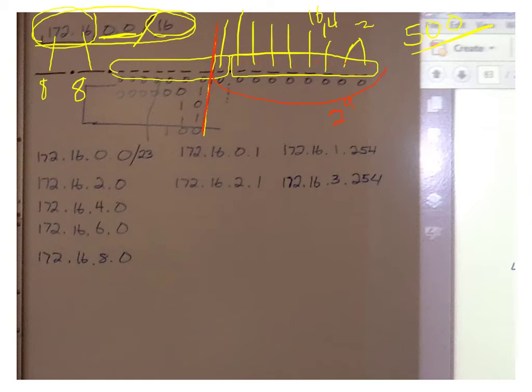So 2 to the 9th should be 512, and then we subtract 2, 1 for the network and 1 for the broadcast. Okay? So you could also do it that way. So that's where we divided the line.